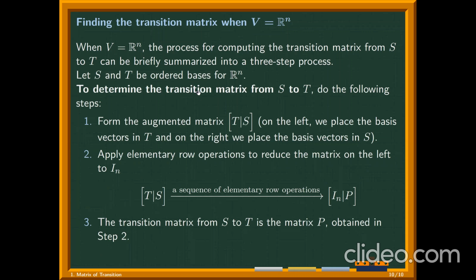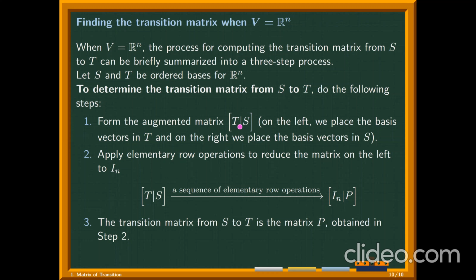So to determine the transition matrix from S to T, we first form the augmented matrix [T | S]. So on the left, we put the vectors in the basis T. On the right, we place the basis vectors coming from S.